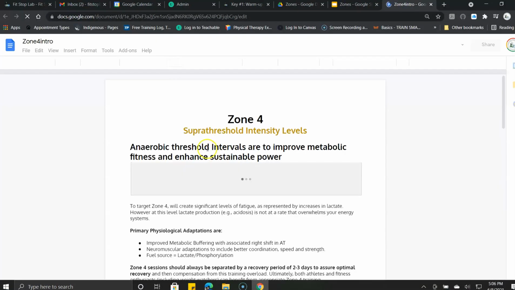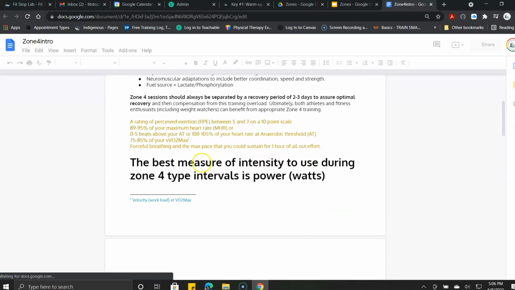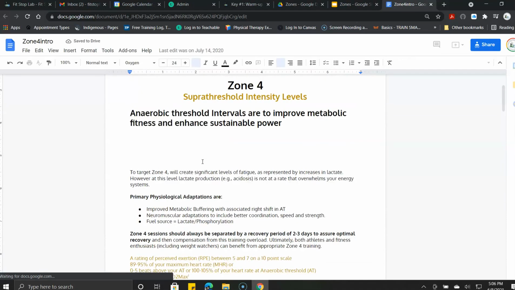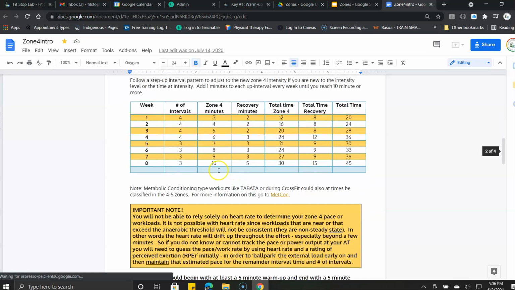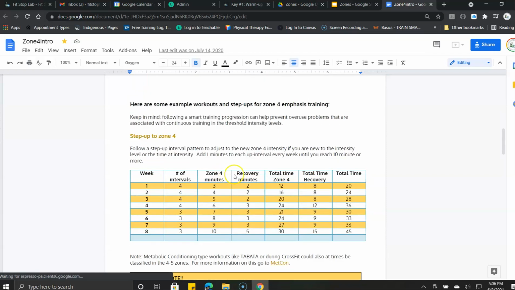So you'll be able to link into here and see some examples of the type of workouts we're looking at, kind of what those intervals might look like, and progressions into it. So that's all part of your program.